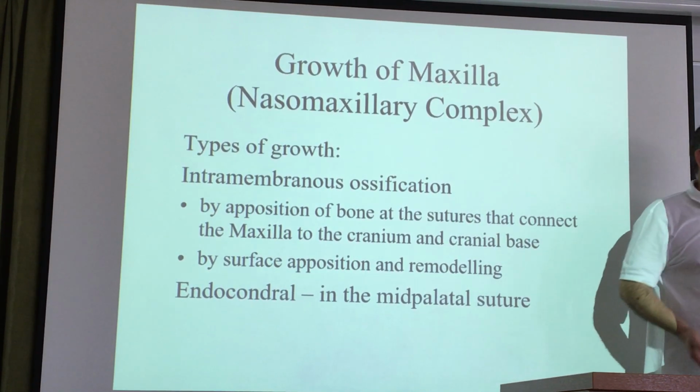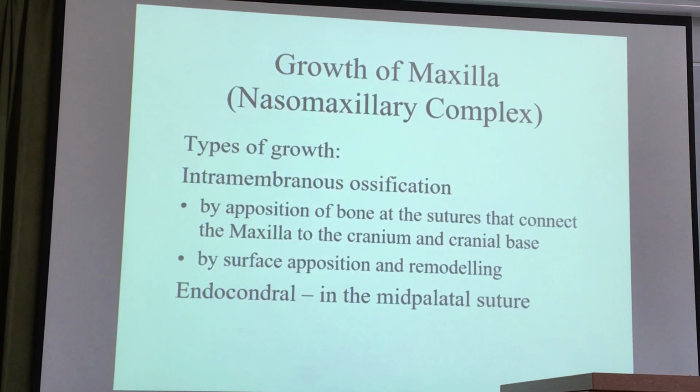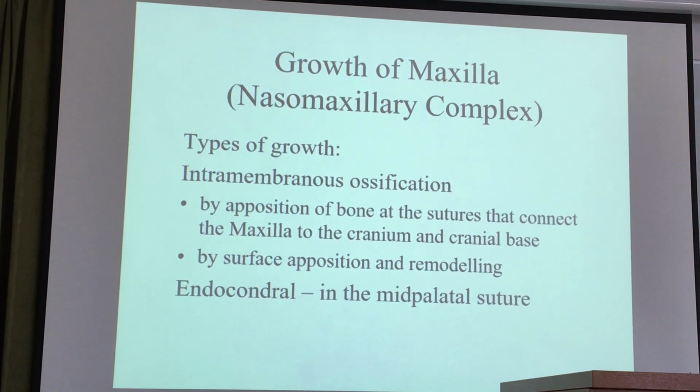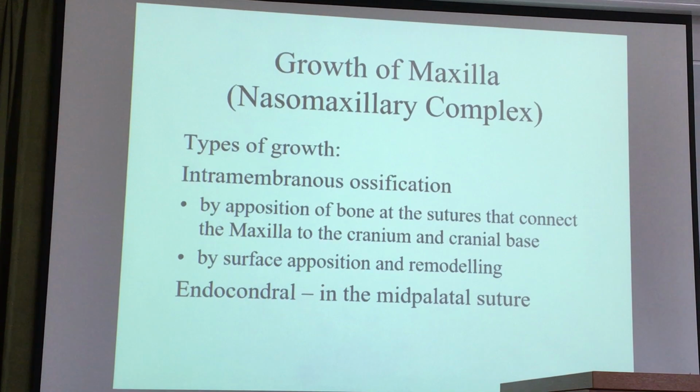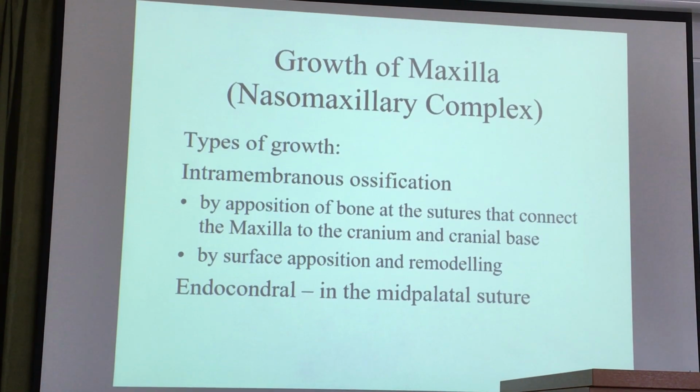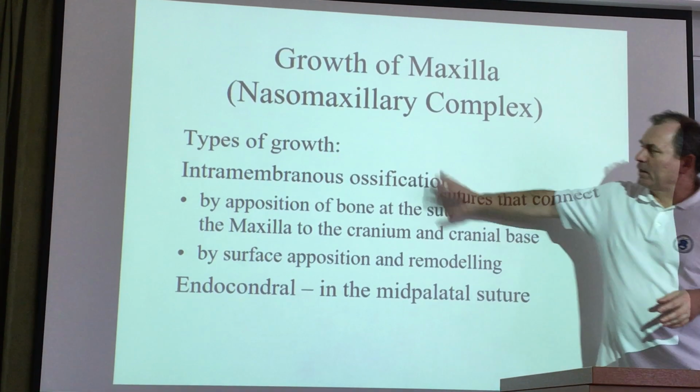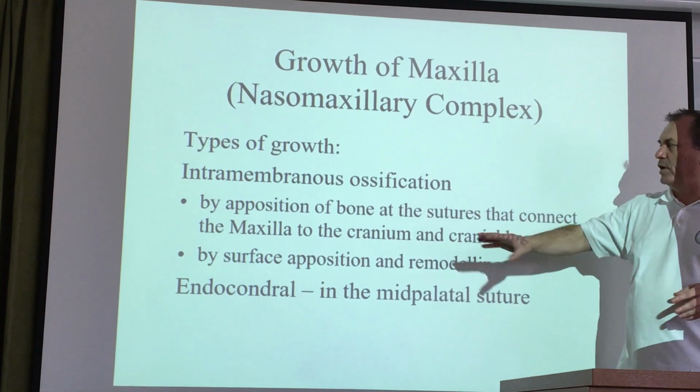So you accelerate the new bone formation capacity of the mid-palatal suture when you use this type of orthodontic appliance.